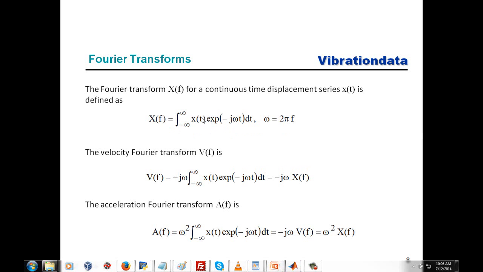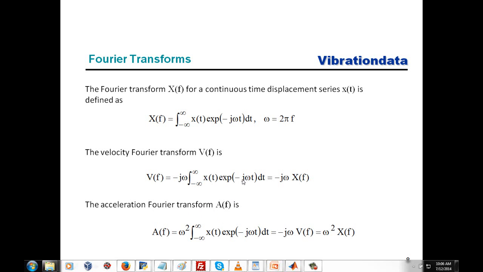Now if we want to take the velocity, we can take the derivative. So let's just take the derivative, and when we do this, we get this minus j omega comes out in front of the integral. And this will give us our velocity Fourier transform. Or we could differentiate one more time, and then we could get the acceleration Fourier transform.